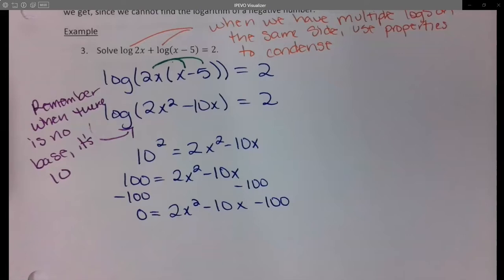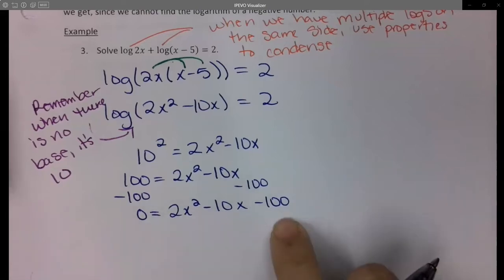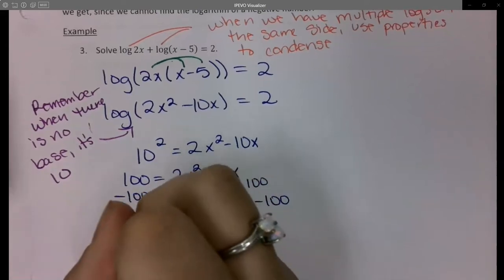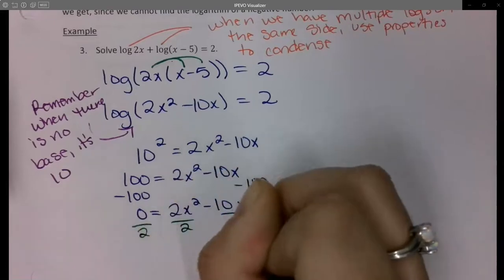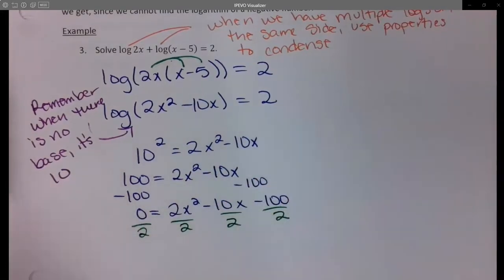Then notice every single number is even. 2, 10, and 100 are all even, so I can divide everything by 2 to get rid of it and make this easier to factor.